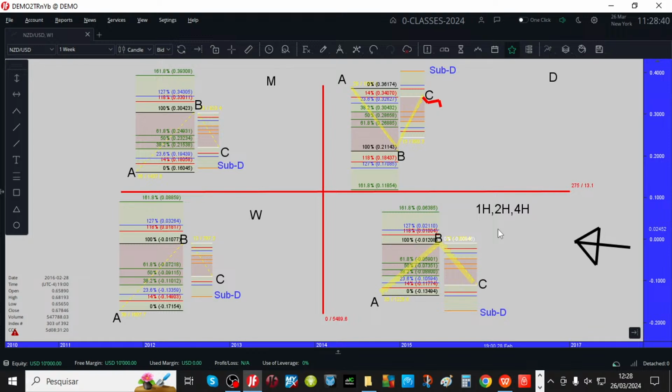What's the job again? The job is to find alignments. That's the job. Make sense? Boss, what are alignments? Alignment is where the Fibonacci 1 or 2 are aligned in the same direction. This would be an alignment.